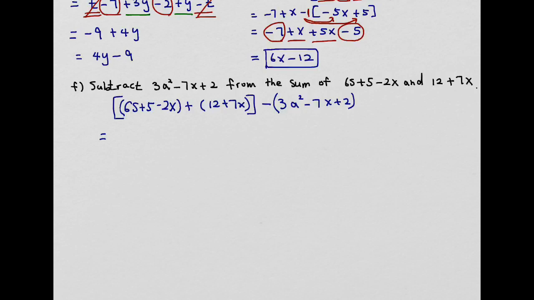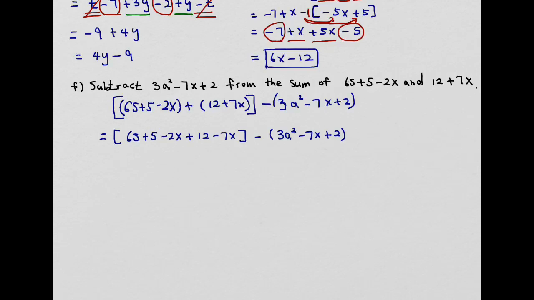So inside of the bracket, 6x plus 5 minus 2x, and then you have another positive distribution, which is going to be just the same thing. Positive distribution will not change any values. And then minus 3x squared minus 7x plus 2.